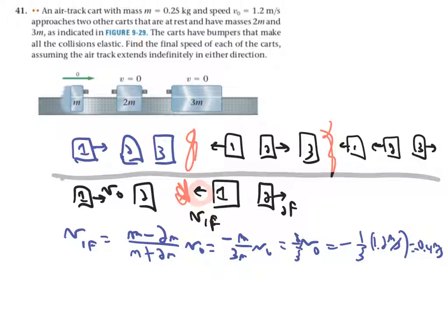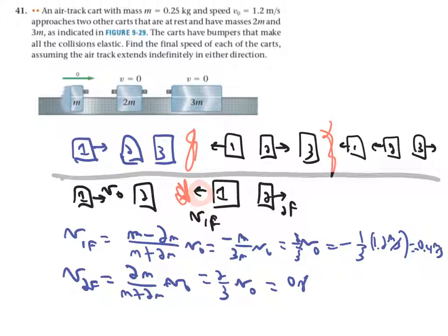But we do want to be careful that actually our V1F is really plus 0.4 in the negative direction. And then V2F is twice the original mass over the sum of masses times V0, and that's 2/3 V0, or 0.8 meters per second. And that heads to the right as expected.